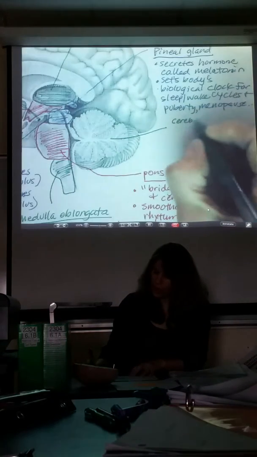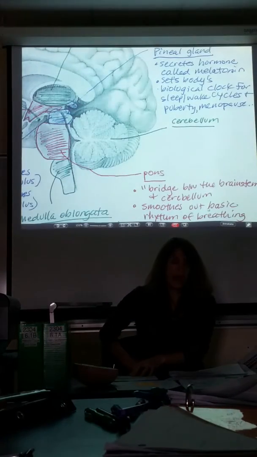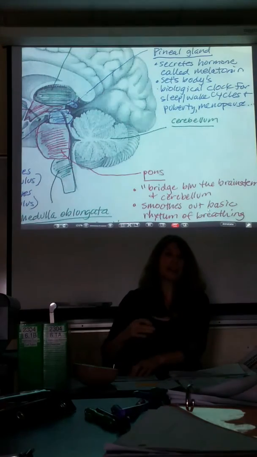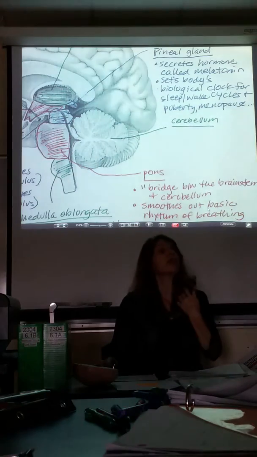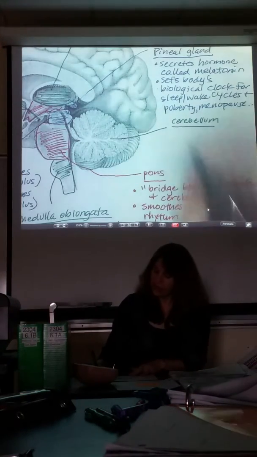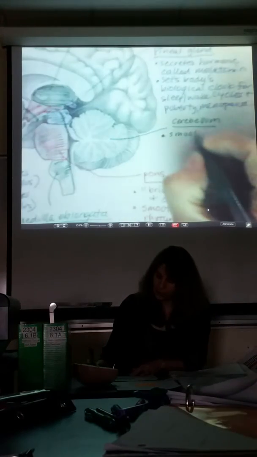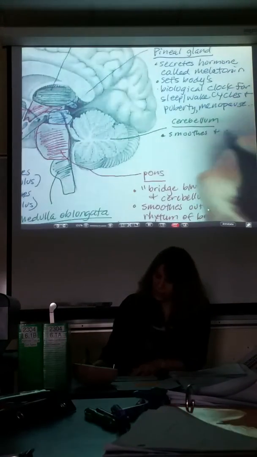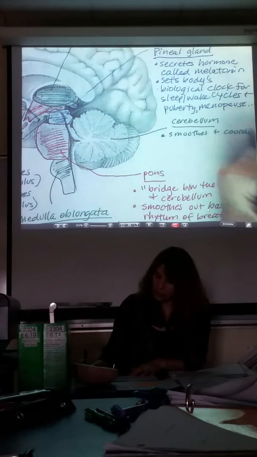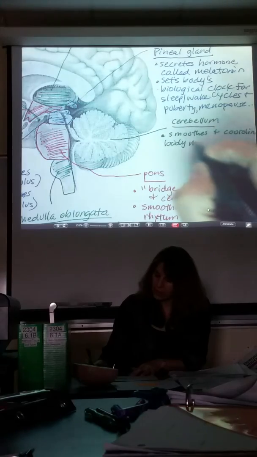Notice that you can see gray and white matter within the cerebellum as well. The white matter looks like a tree, right, with branches. We're going to call it later the arbor vitae. And so what the cerebellum does is it smooths and coordinates our body movements.